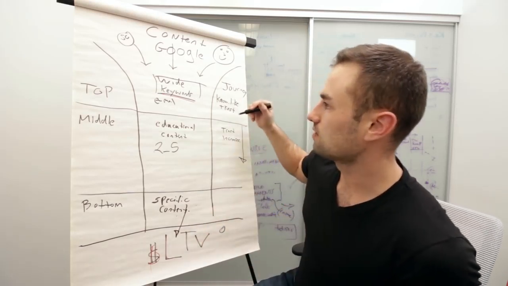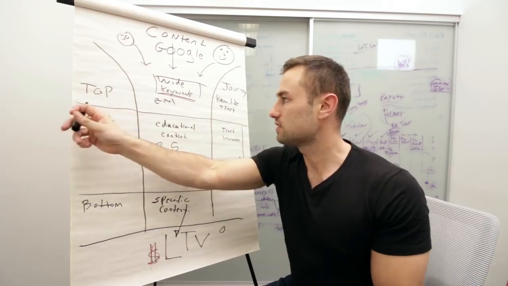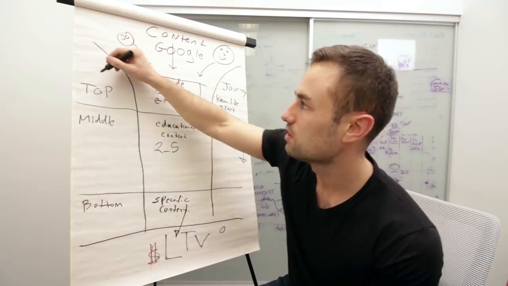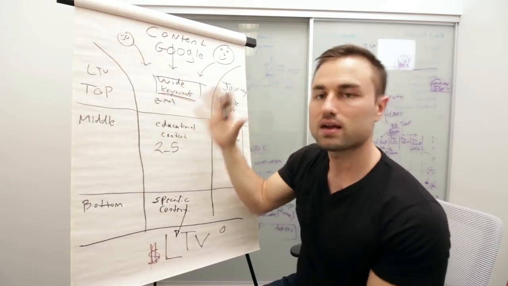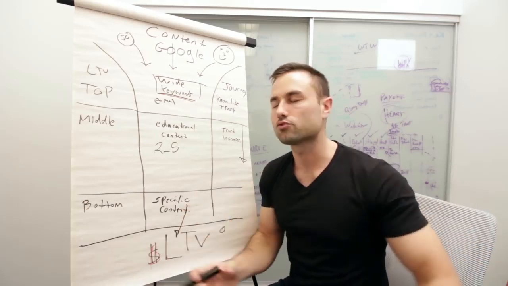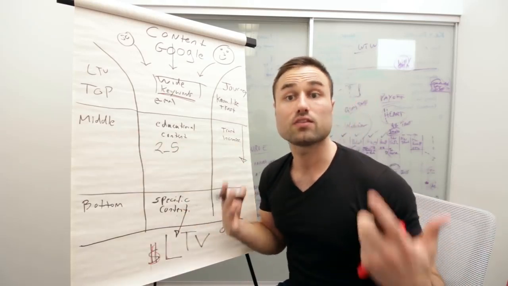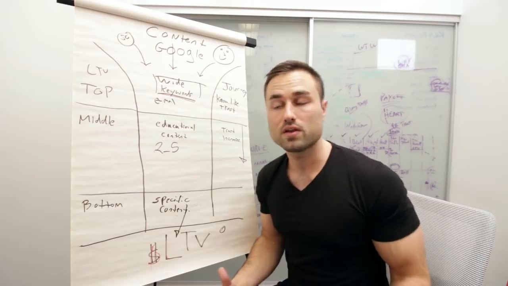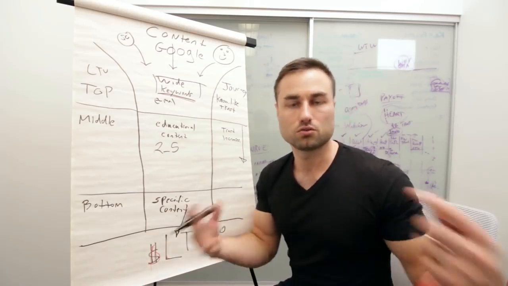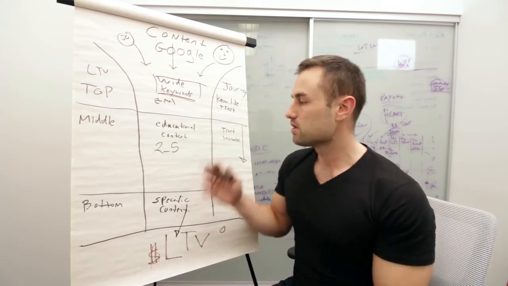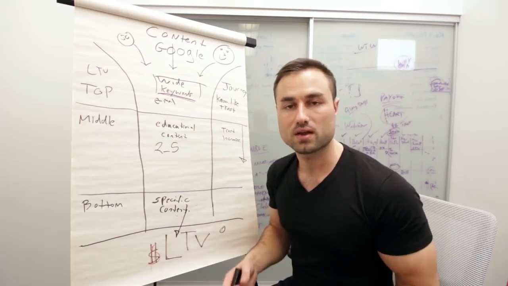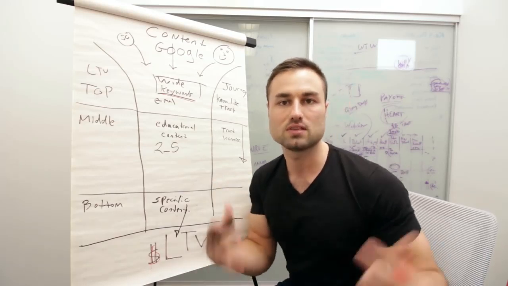And if you focus on this, you'll notice that each section has a different quality score of clients. So at the top, obviously, your LTV is very low because you don't have any customers, but they're getting to know you, you're educating them, you're building out long-form branding trust with them. In the middle, now they get to know you. They see the cool YouTube videos, they see all the guides you put out every single day, they see you on Twitter, on social media, on Forbes, on Inc. You're building trust with them, and they go to your website constantly for more educational material because you are now the trusted source in this industry.